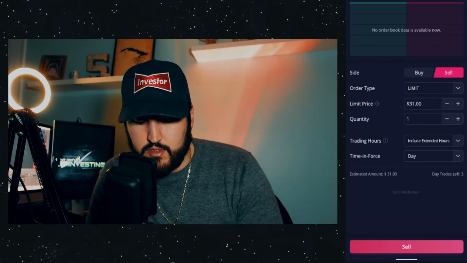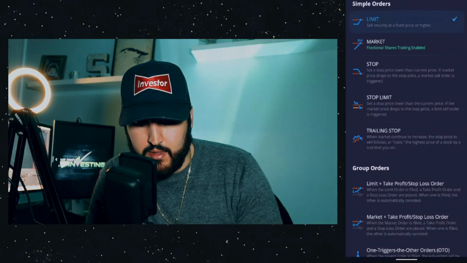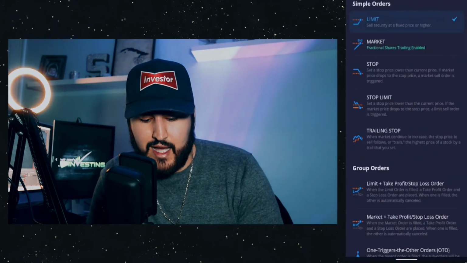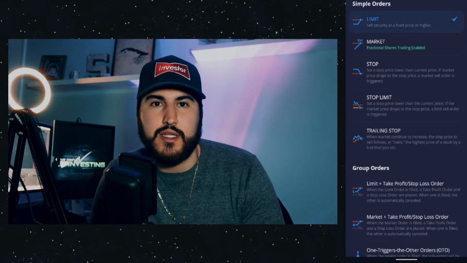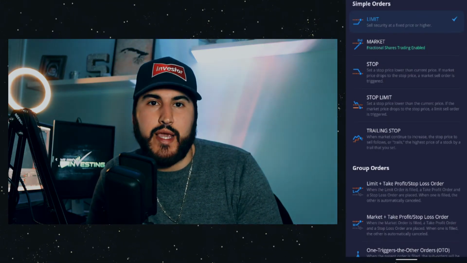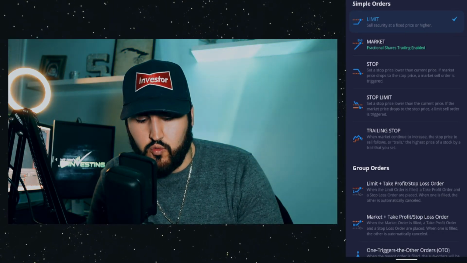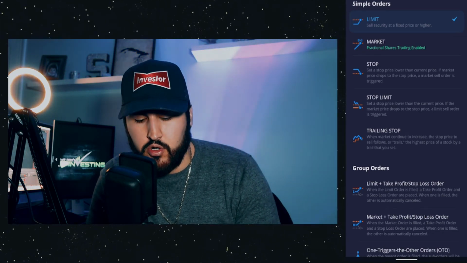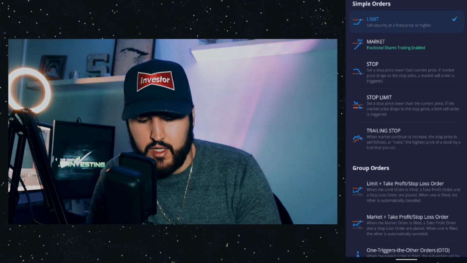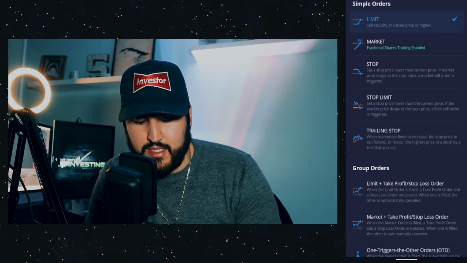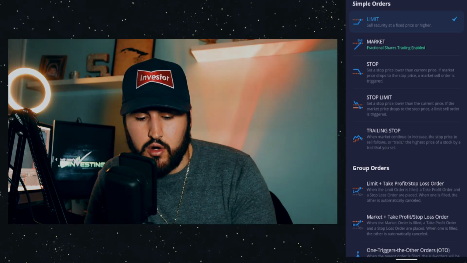Now the order types are going to be the same. They're going to be limit. There's going to also be a stop and a stop limit and a trailing stop. So let's say that we have shares in Uber and we want to set a stop loss. Well, we can do that by setting a stop order or a stop limit order. A stop order is setting a stop price lower than current price.